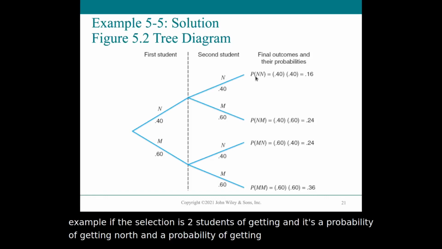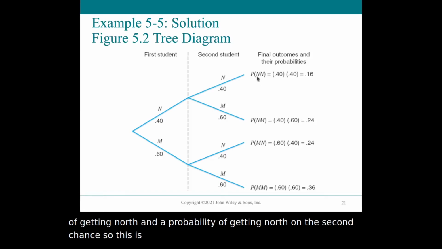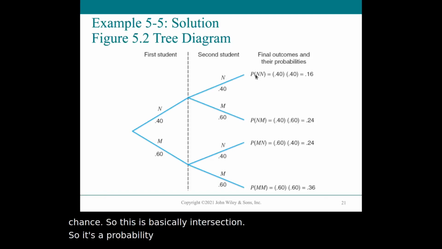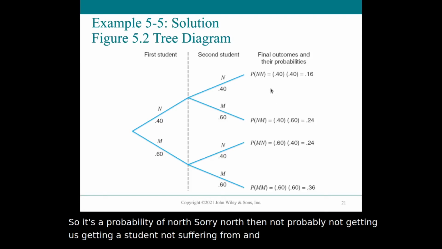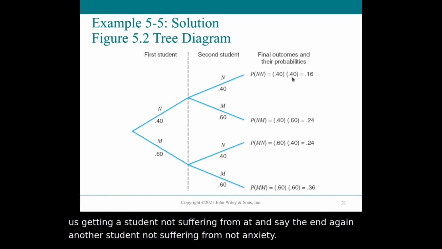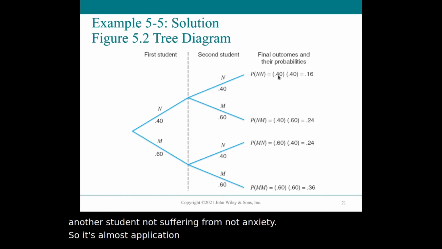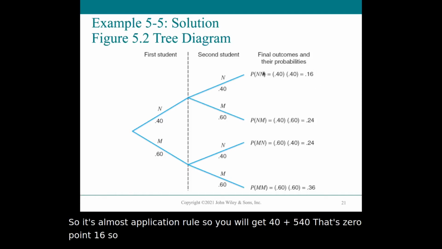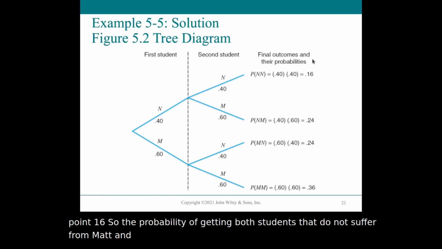So this is basically an intersection, the probability of not getting a student suffering from math anxiety, and again another student not suffering from math anxiety. It's a multiplication rule, so you get 0.40 times 0.40, that's 0.16. So the probability of both students not suffering from math anxiety is 0.16.